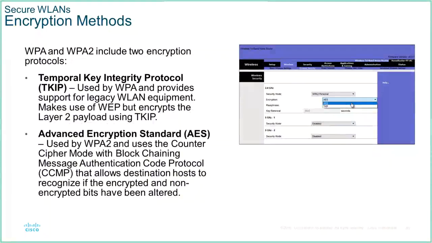Encryption methods available to us under pre-shared keys include TKIP. This is the older of the two, so please use the Advanced Encryption Standard, which allows us to have a larger, more robust encryption, and it will take longer to break.